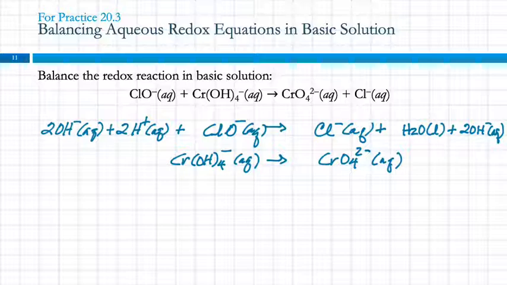Yeah. Reason why we're adding, so a basic solution doesn't dissolve. Well, a basic solution doesn't have hydrogen ions. It has hydroxide ions. And so if we write this with hydrogen ions, where did those come from? This is a basic solution. There aren't any hydrogen ions floating around.